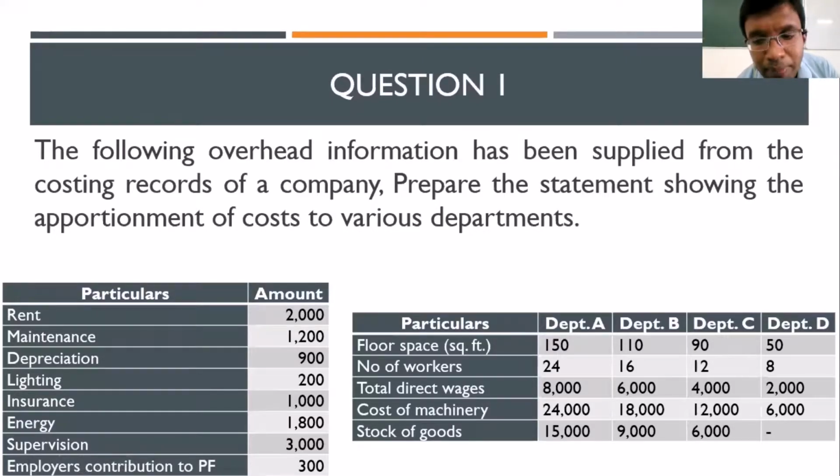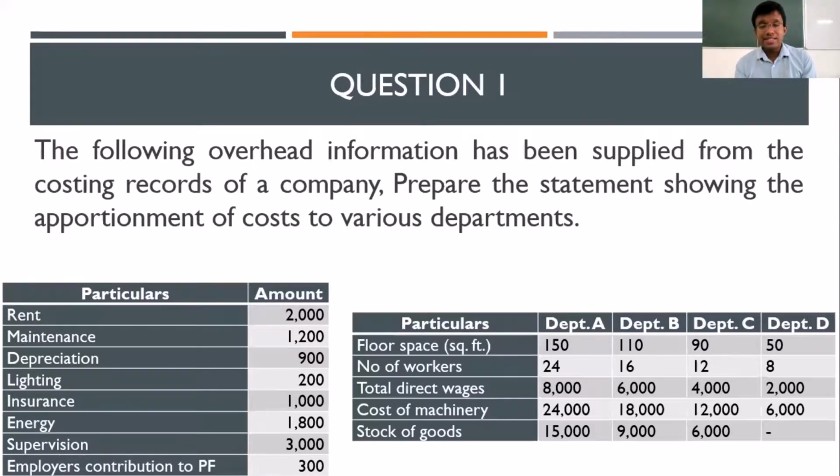How do you go about charging that lighting expense of 200 rupees? In such cases, you will split it on the basis of the area that is occupied by them, and that would be the basis of apportionment of your lighting cost.